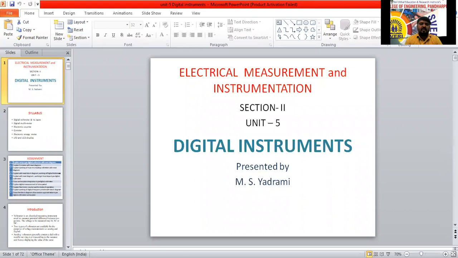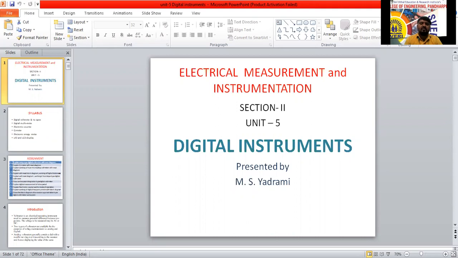Next, explain working of true RMS reading voltmeter with neat diagram. RMS voltmeter, which value is it going to display?